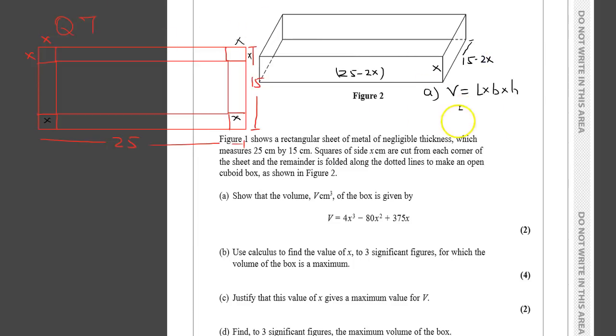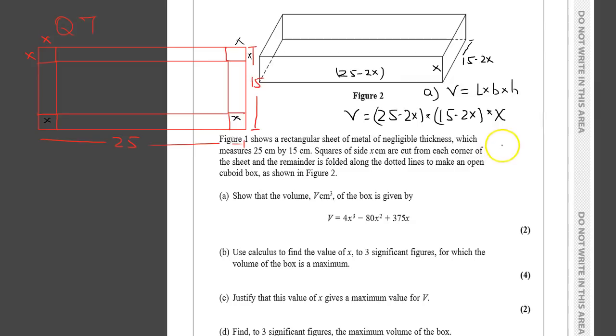So the volume will be, length is say 25 minus 2x, multiplied by the width of it, 15 minus 2x, and the height is x.